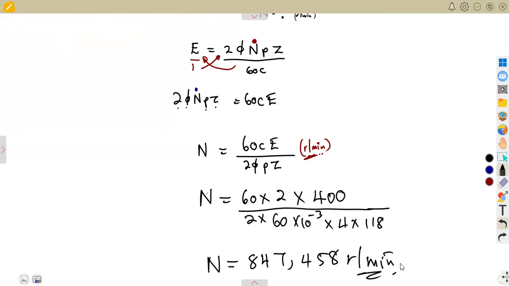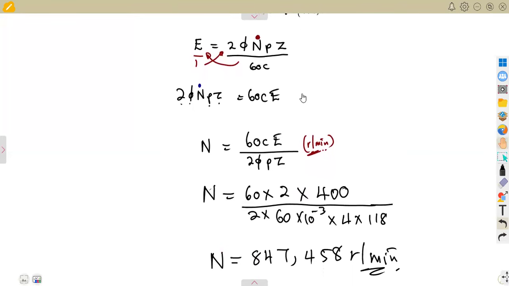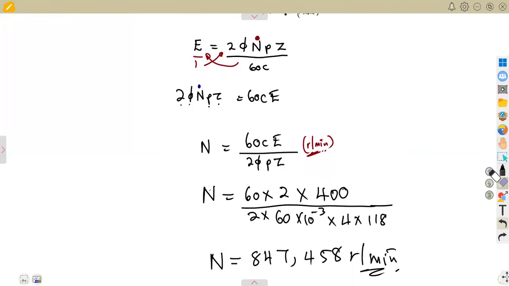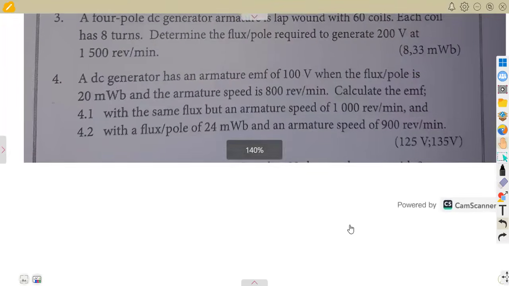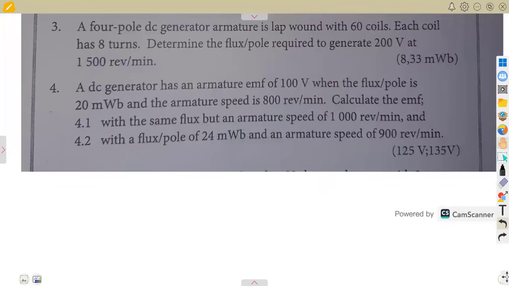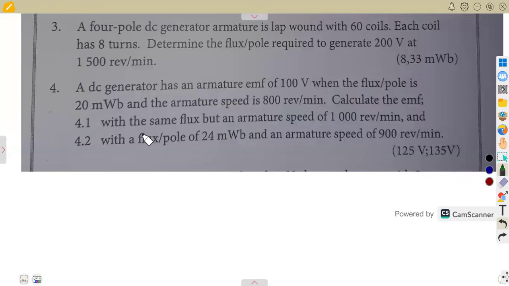These are the typical questions that you might be given, where you just need to manipulate the formula: change the subject, then substitute your values, or you can even just substitute directly onto the formula that you are given. It's up to you. So I need us to work as many questions as we can.